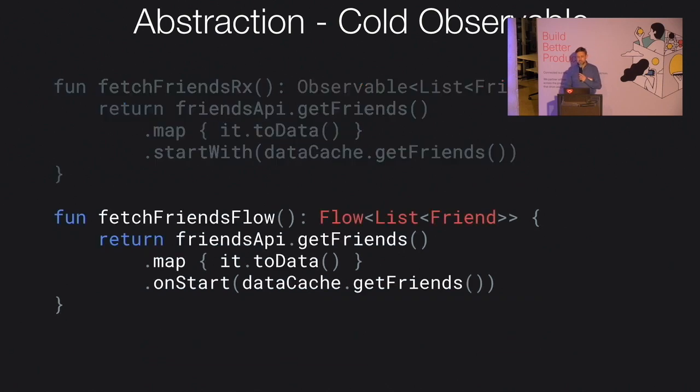This is a useful implementation for an observable, and then this is how it would convert to Flow. This Flow would essentially return two values and then complete.